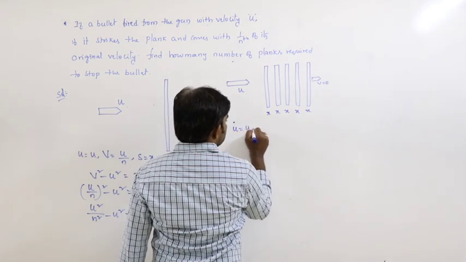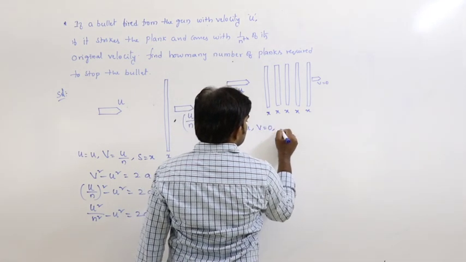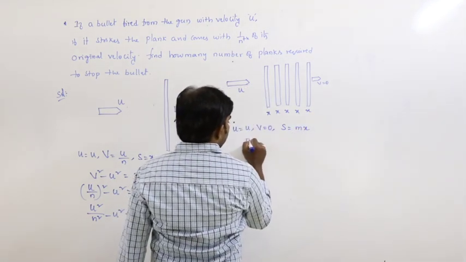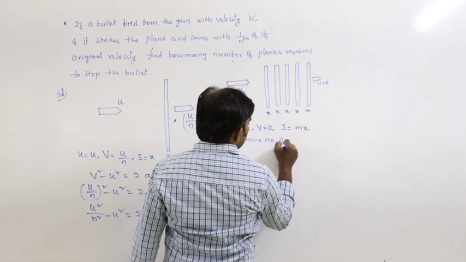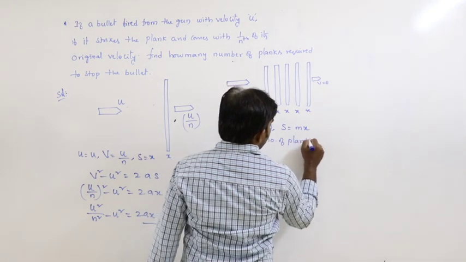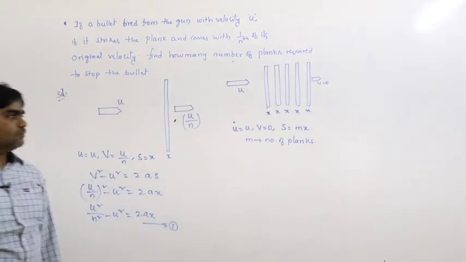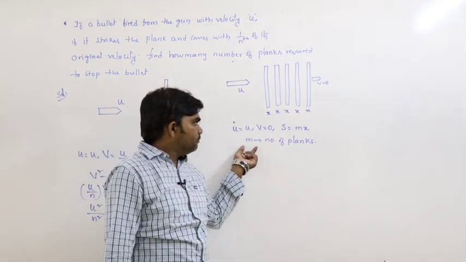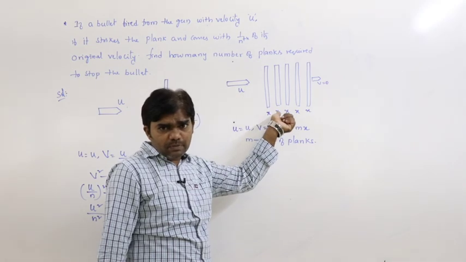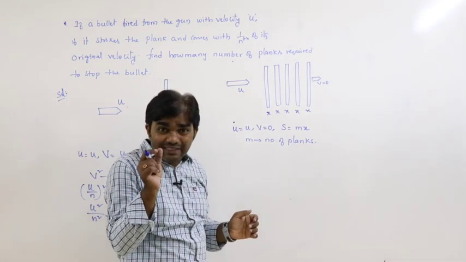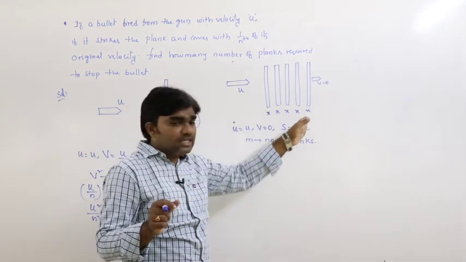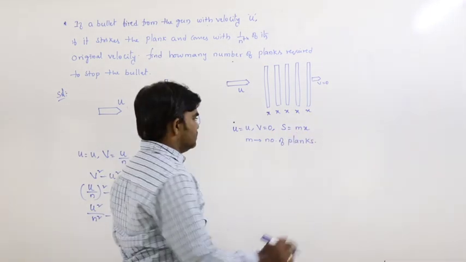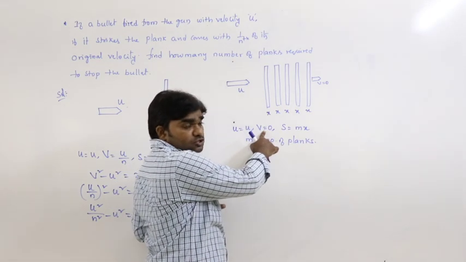Initial velocity is u, final velocity is 0, displacement is mx, where m is the number of planks. We don't know how many planks; that we have to calculate. If we arrange m planks, the total width is mx, because the final velocity becomes 0.